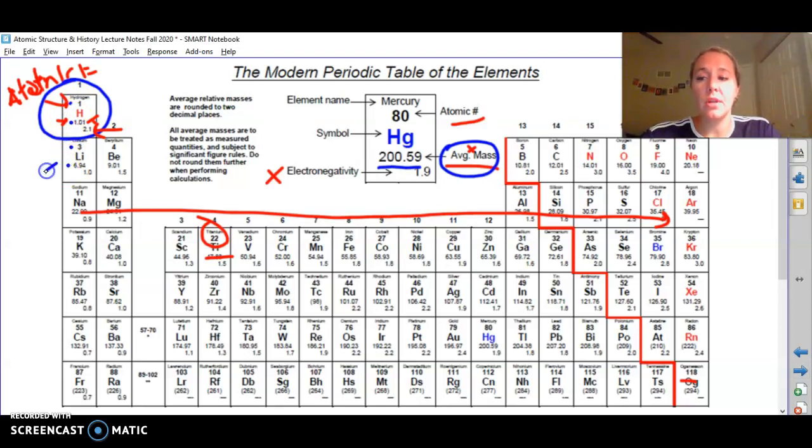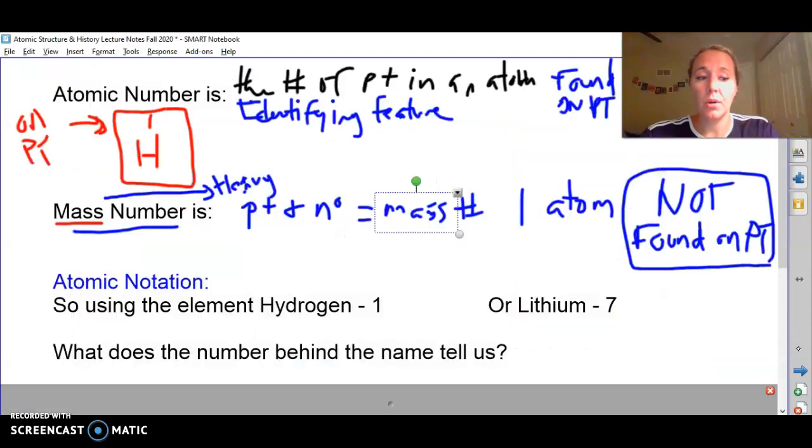Remember, I told you not to look at this number, but a lot of students inevitably do, but you shouldn't, okay? 6.94 is a decimal, versus I'm talking about 7 being a whole number. That's important. So the number behind the name doesn't tell us the number of protons, otherwise it would have been hydrogen-1 and lithium-3, okay?